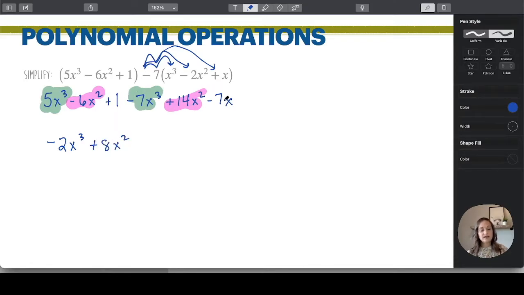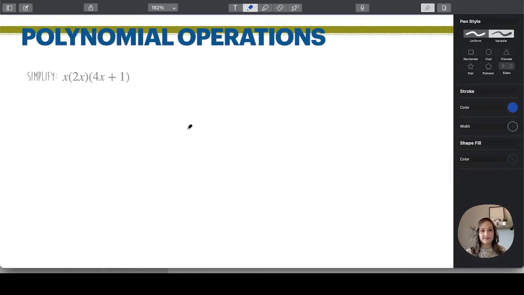There is only one term that has an x in it, so I'm just going to bring down the negative 7x. And then only have one term that has a constant, so I'm going to bring down my constant. And that would be the final answer in standard form because they are descending. If you notice the exponents do descend, that will be our final answer of our polynomial operation.